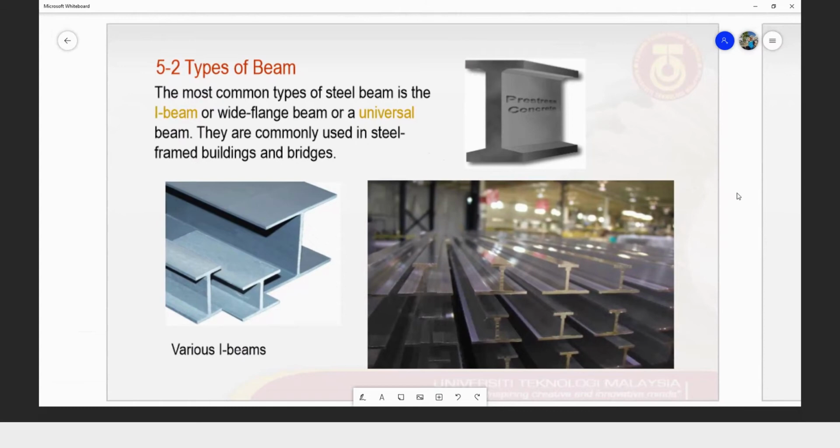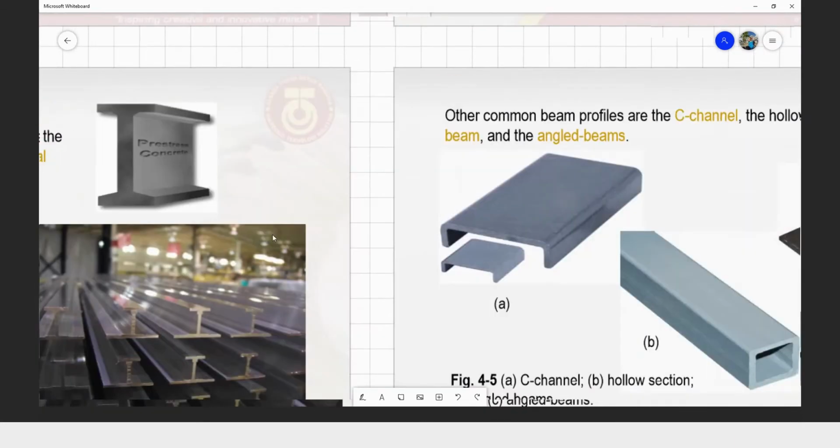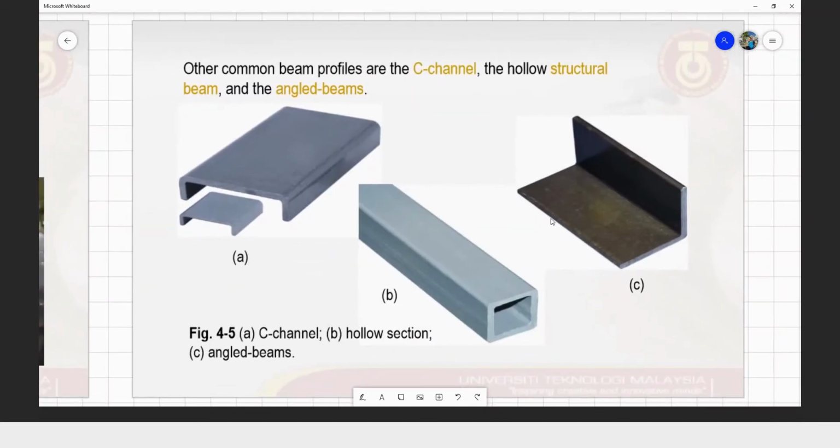There are several types of beams that you may find in the market, which are the I-beam, C-channels, hollow, angled beams.